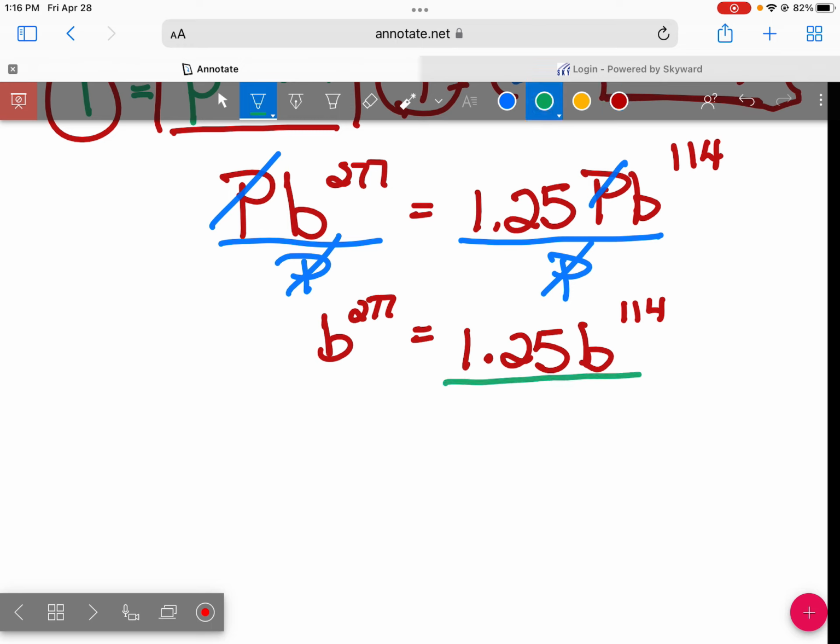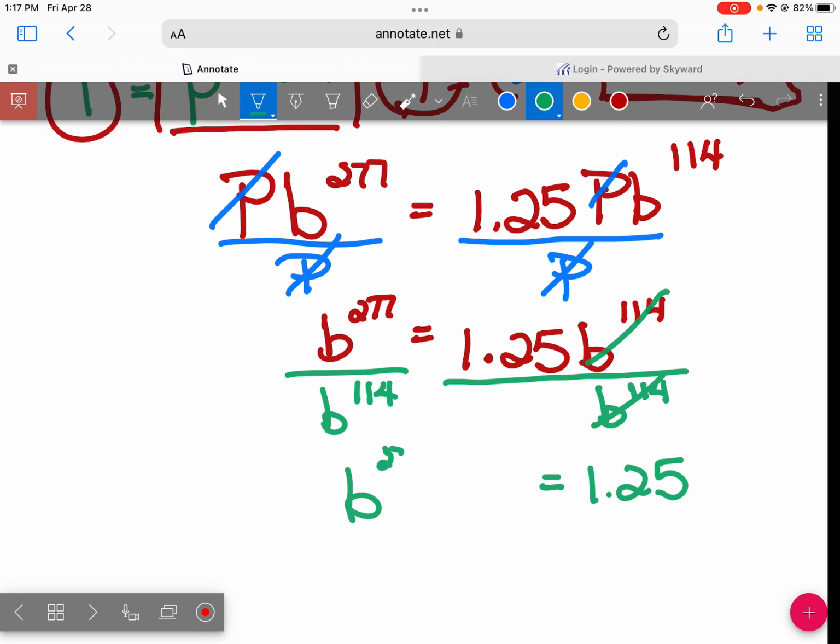So if I divide this by B to the 1/14th power, I have to do the same thing on the other side, right? So these are going to cancel out. I get 1.25 is equal to, when you have 2 powers that have the same base, you subtract the exponents. So this is B to the 277 minus 114.